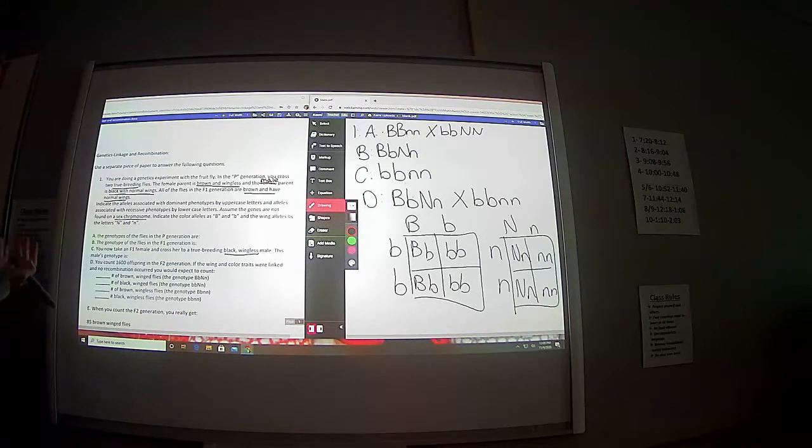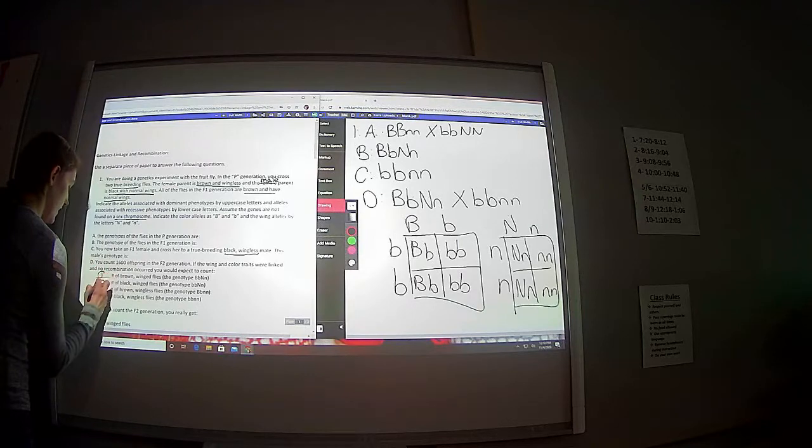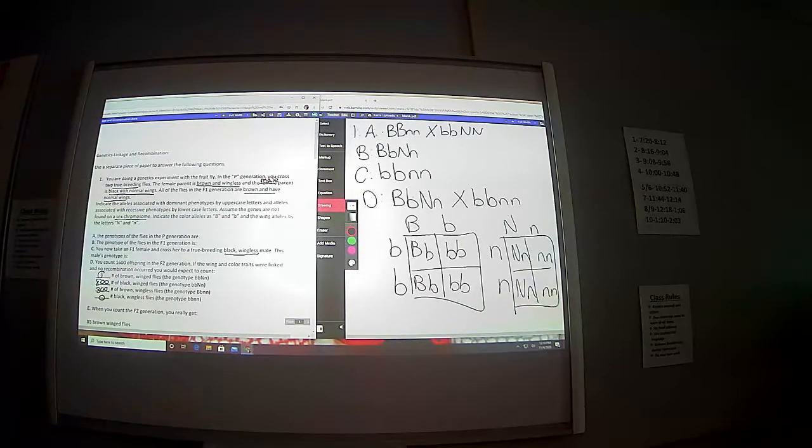So if recombination does not occur, you would expect then either to be black winged flies or brown wingless flies. So you'd have 0, 800 here, 800 here, and 0 down there.